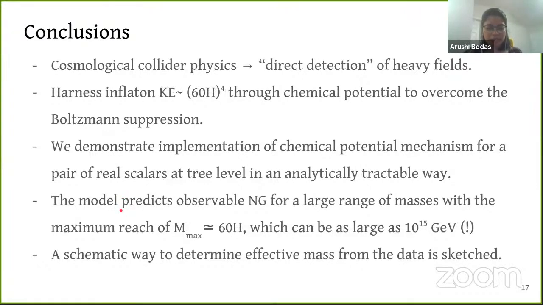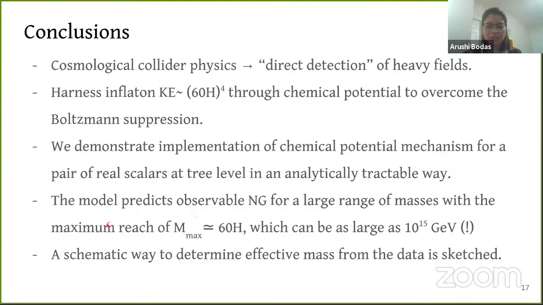Our model predicts that there will be observable non-Gaussianity in experiments like LSS or 21 centimeter if such a mechanism is at play. So the Boltzmann suppression is there, but there is a way to get around it. Hopefully, if such a mechanism is actually happening in nature, we'll be able to see really heavy fields.